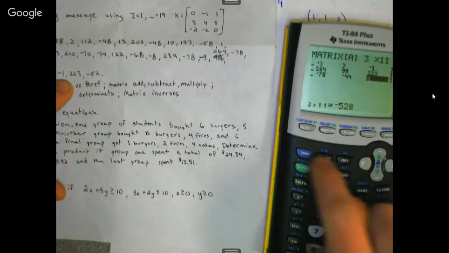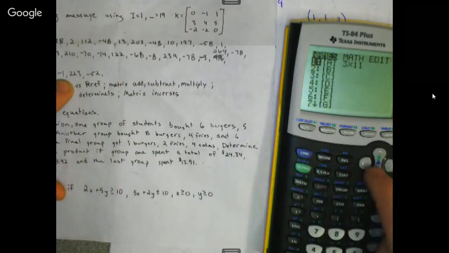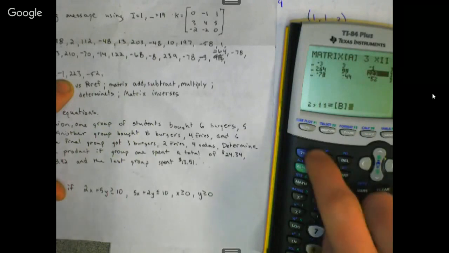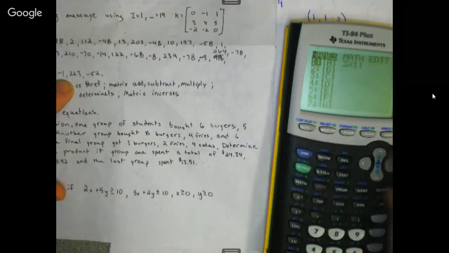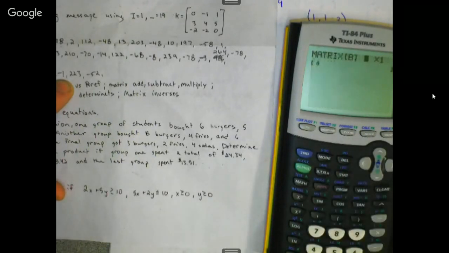Okay, so that's our message matrix. We'll put K in. We'll edit K to be number 2, which is a 3 by 3.